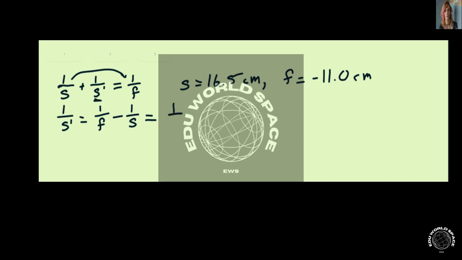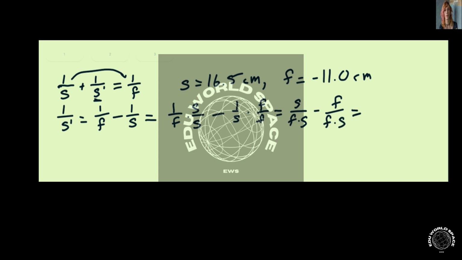So we'll multiply 1 over f by s over s, and we'll multiply 1 over s by f over f. And we end up with s over f times s minus f over f times s.